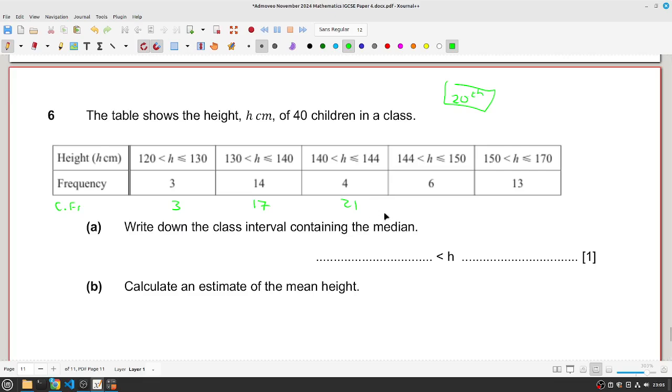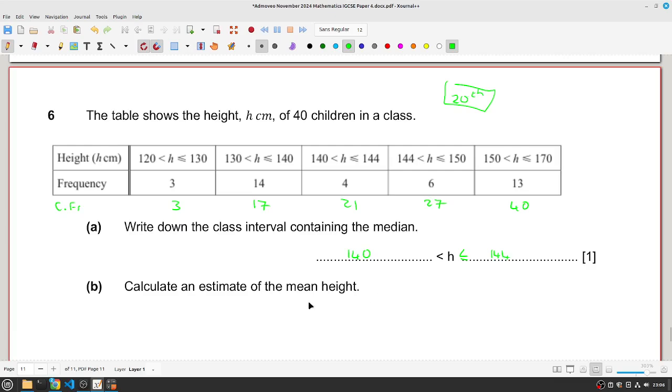I'm just going to continue, but we already have the median class. 21 plus 6 is 27, and 27 plus 13 is 40. So if the 20th number is not in these values yet, but this class ends on the 21st number, that means the 20th one must be in this class, in that interval. So it will be the interval from 140 to 144. In there will be the middle number, the median.